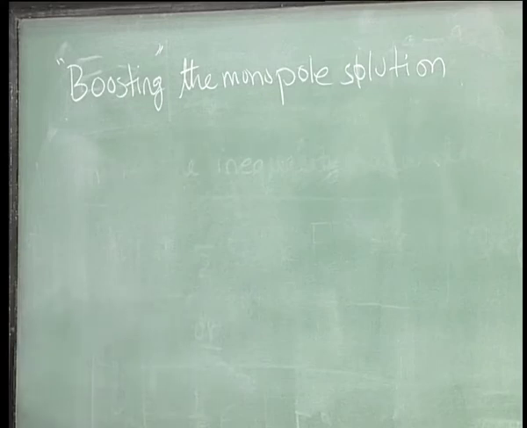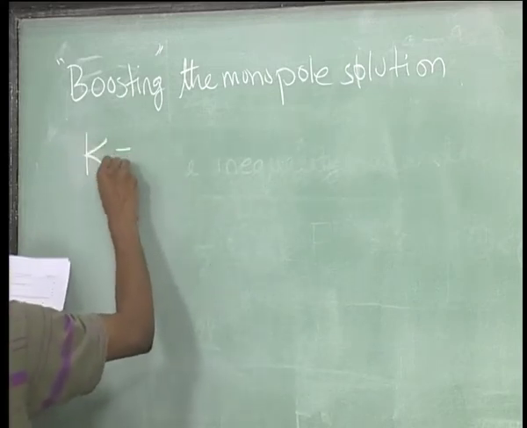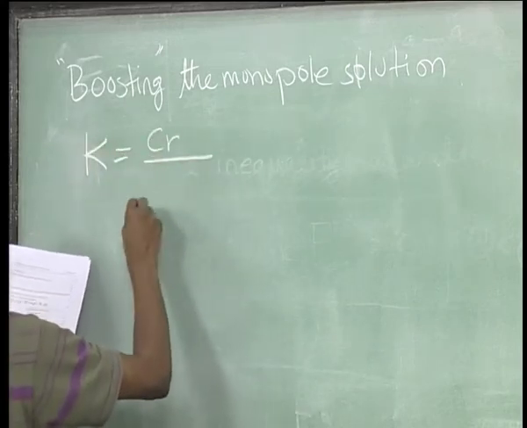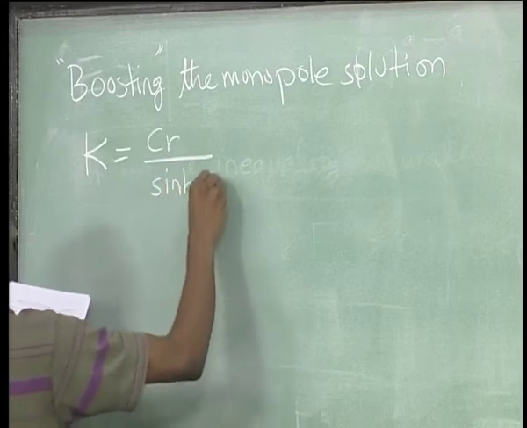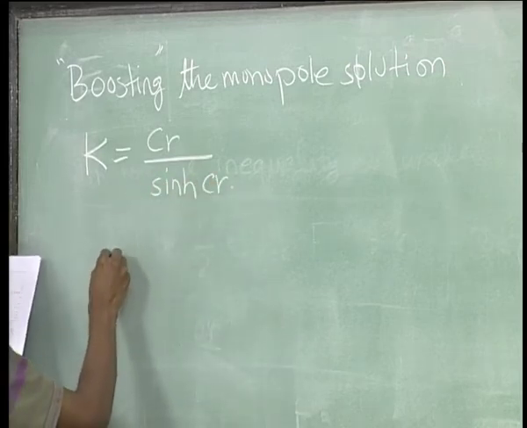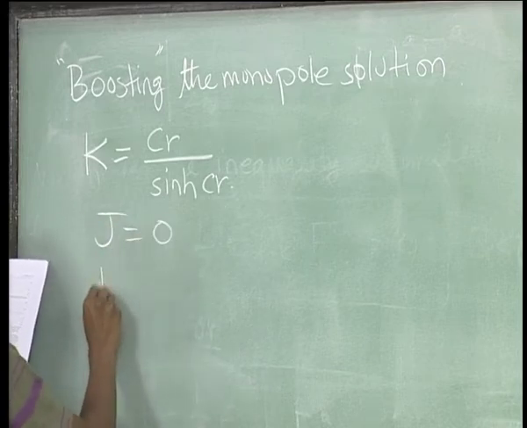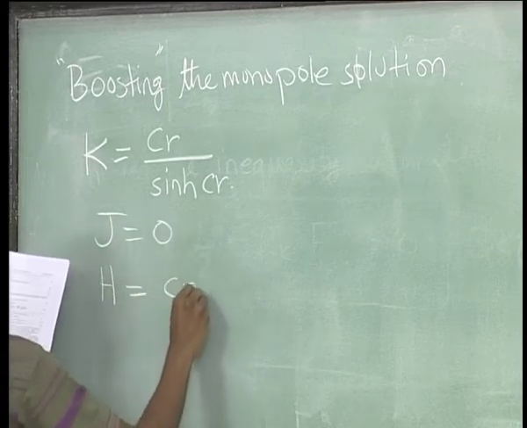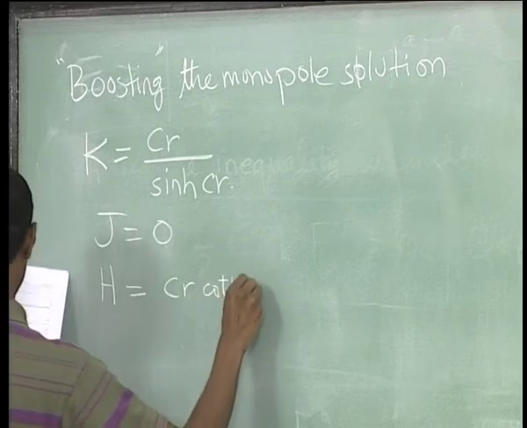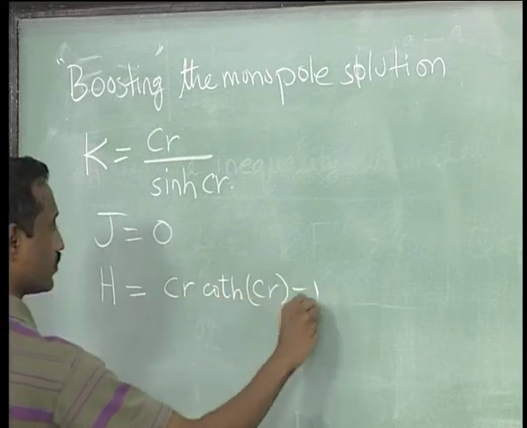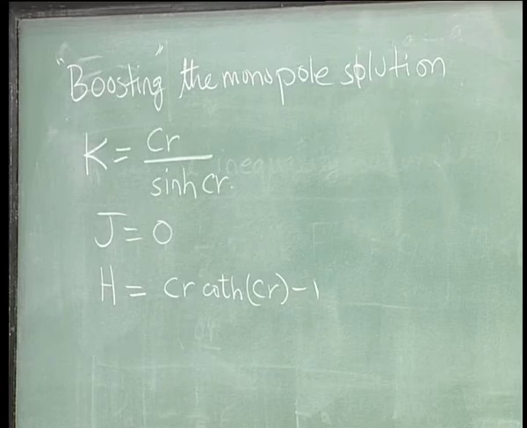What was that solution? That was k equal to C r by sin hyperbolic C r, and it was obviously j equal to 0, h equal to. Two lectures ago we had written out this thing, at that time we did not have a j.